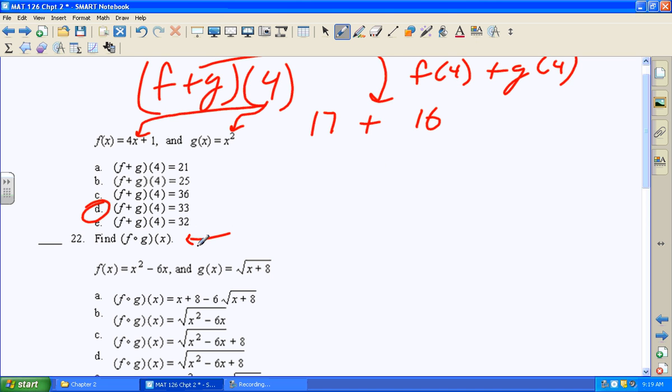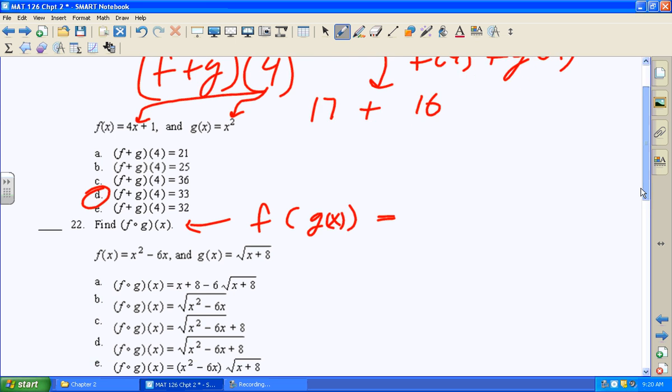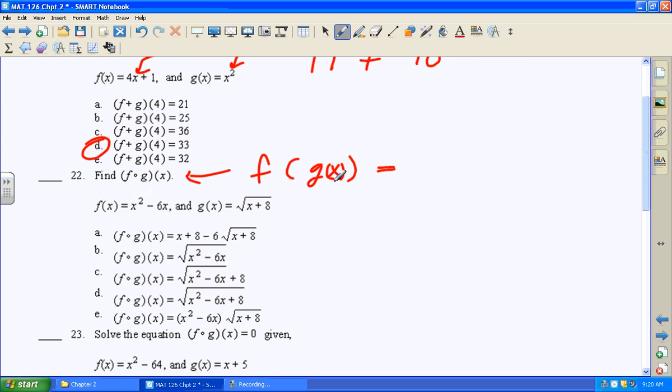Composites we talked about for a day. You should remember that. And then the rest of the lecture notes, whatever's online. But do you remember what f of g of x means? It's where you substitute g of x in for all the x's of f. So the first thing you're going to do is put x into the g function and come out with the square root. So g of x equals the square root of x plus 8.